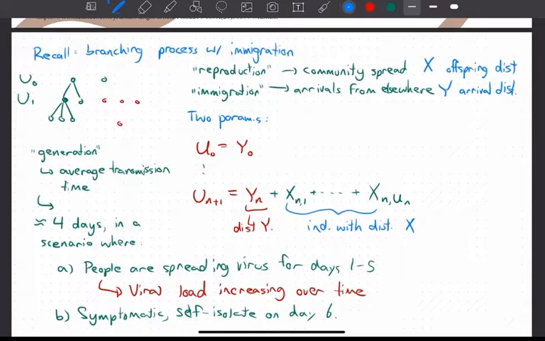Okay, so I'm imagining that on average it's 4 days between these infection events.